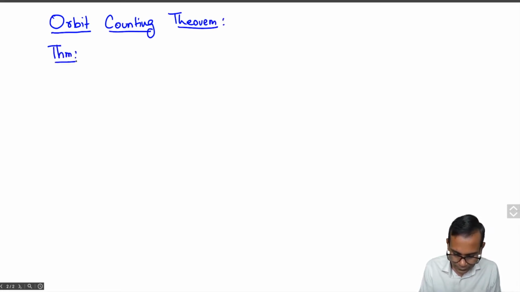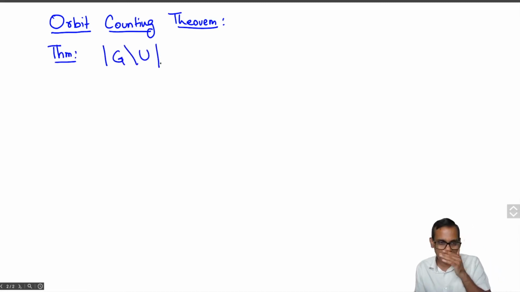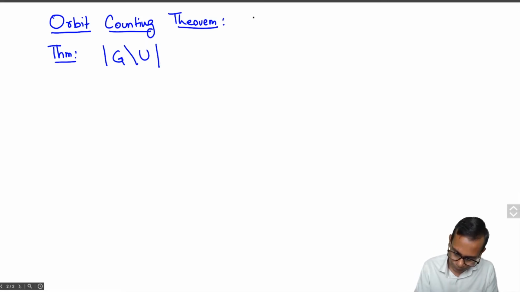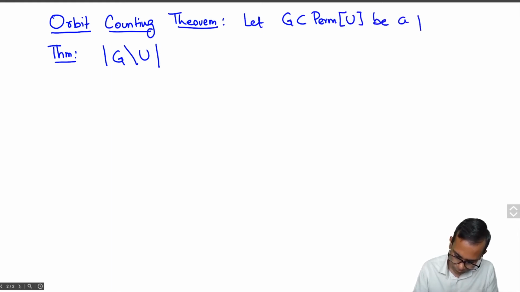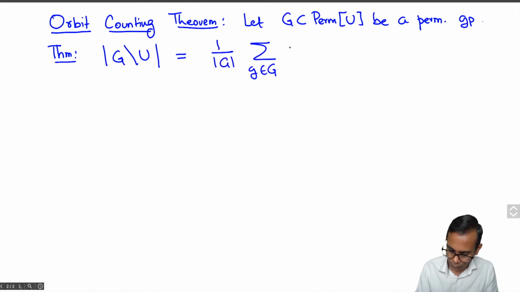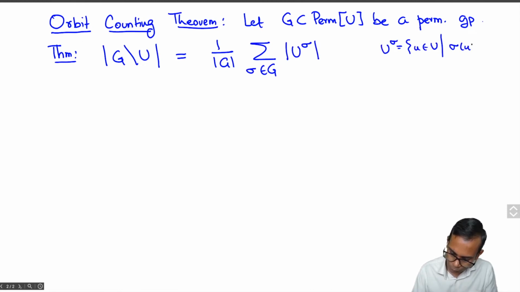The hypothesis is that G is a permutation group. What it says is that the number of orbits of G is the average over sigma in G of the number of fixed points. Remember, this U sigma is the set of U in U such that sigma U is equal to U.